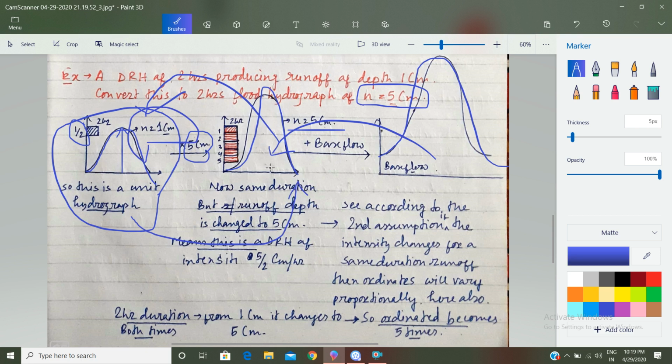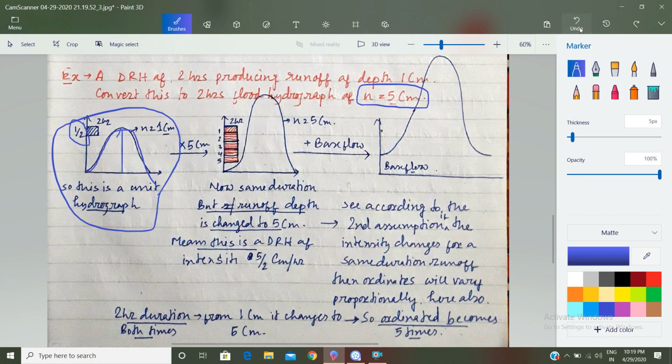Now if we add the base flow to this, the flood hydrograph is formed. See what is written here.